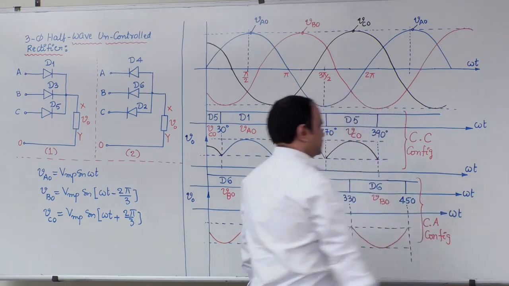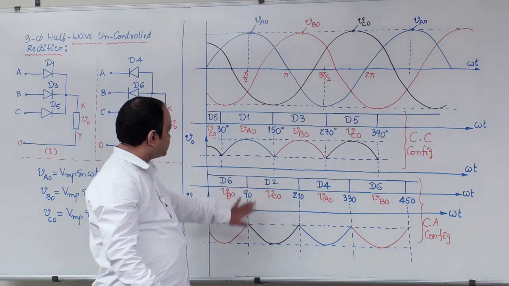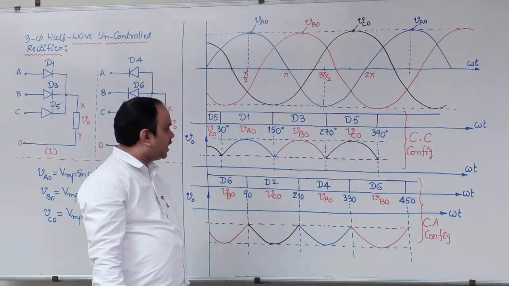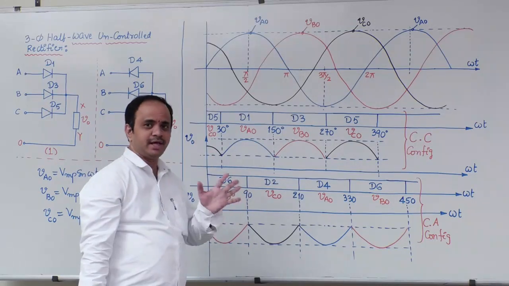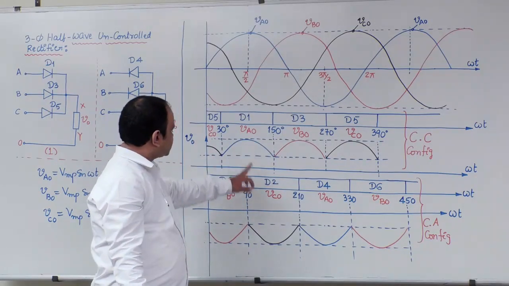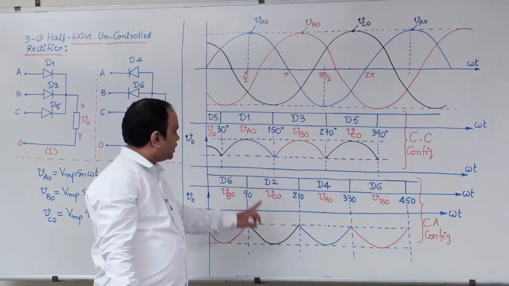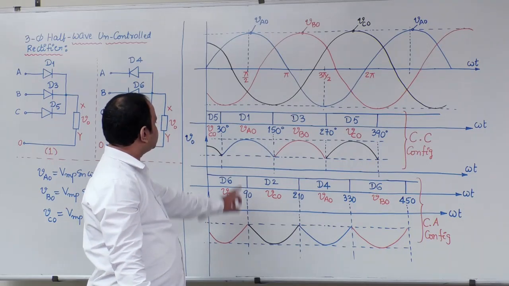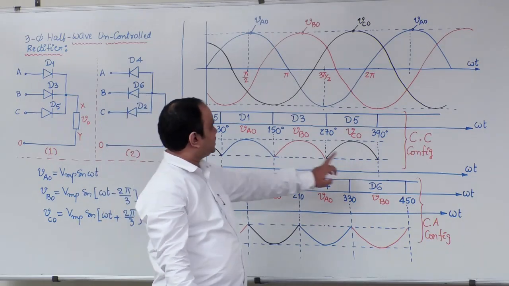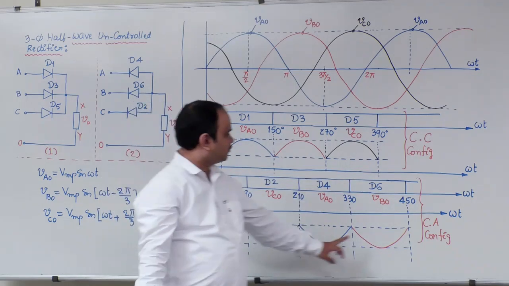In these two waveforms there are some similarities and some differences. First, let us discuss the similarities. These two waveforms contain 3 pulses per cycle. One cycle means 30 to 390 here, and 90 to 450 here.